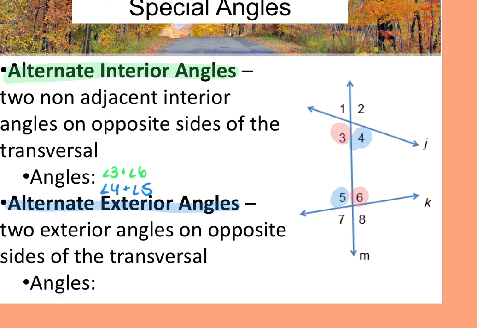So 1 and 8 are alternate exterior, and 2 and 7 are alternate exterior. So in between means interior: those would be 3 and 6, and 4 and 5, obviously not next to each other. And then the exterior on the outside, alternate, 1 and 8, 2 and 7.